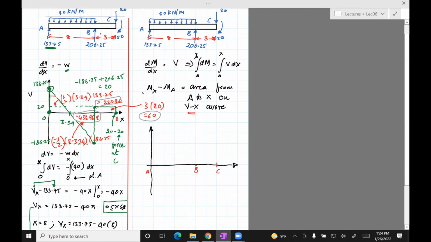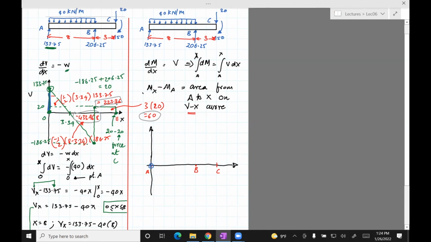Okay, so that's all we need to draw the bending moment diagram. You start on the left side where the shear force is 0. Again, it's going to be the area under the curve over here, from 0 to 0, which is clearly 0. So that should be the first point. Then we have the shear force, which is 223.36.